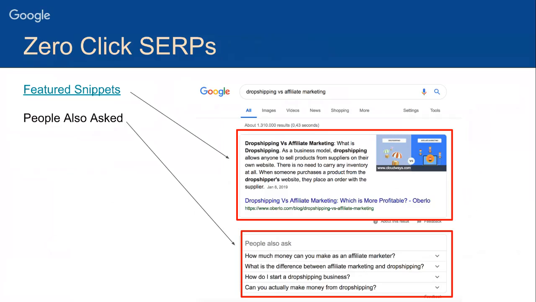SEMrush found that articles with a Flesch reading scale of a 6th to 7th grader, if you use WordPress, I think Yoast in WordPress, it's like a 70 to 80 score, are more likely to show up as a featured snippet. And if you don't know what a Flesch reading scale is, it's basically a standard of reading used in the English language, which gauges the age at which a reader reads.